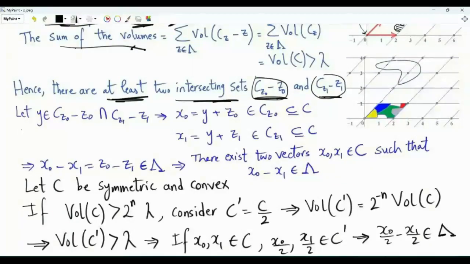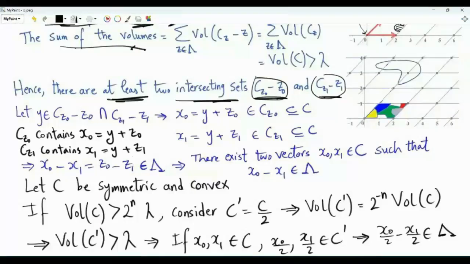This means that the set CZ0 contains a point x0, which can be written as y plus z0. And CZ1 contains a point, let's call it x1, which is y plus z1. So that when we do a translation, this x1 will go to y and x0 will go to y.